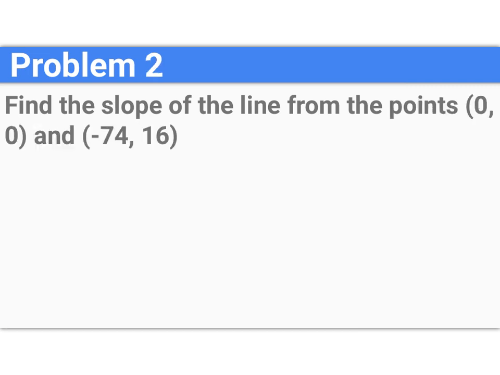Okay, so let's find the slope of a line from the point 0, 0 and 74, 16. Well, this point 0, 0 is at the origin, and we know that anything that you subtract, let's write the formula out. And what we have in essence here is just 16 divided by 74.